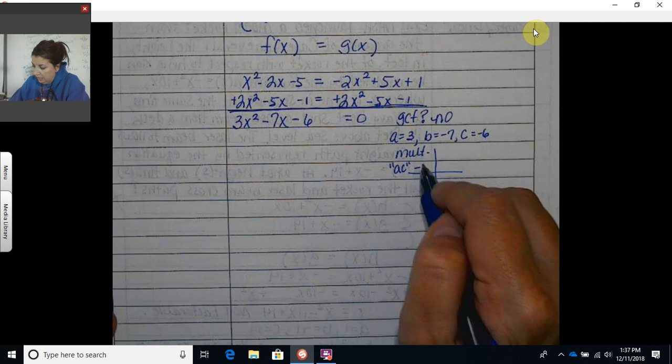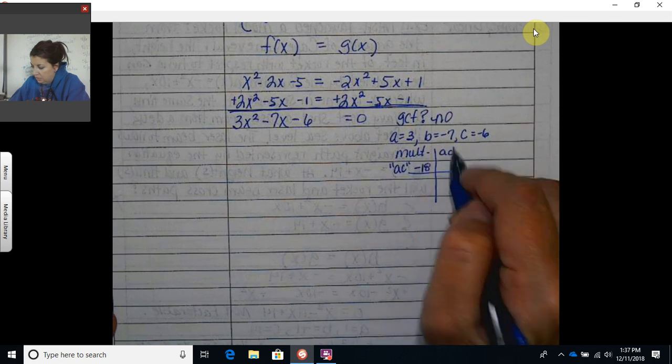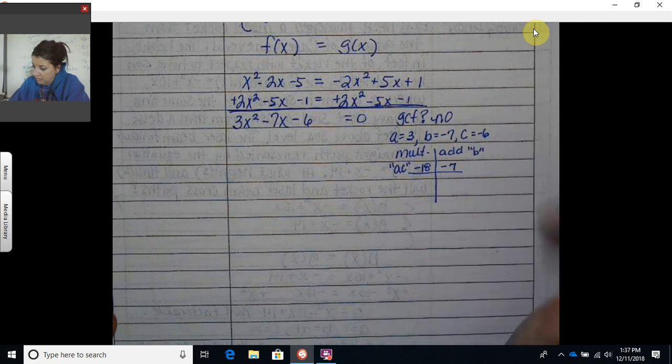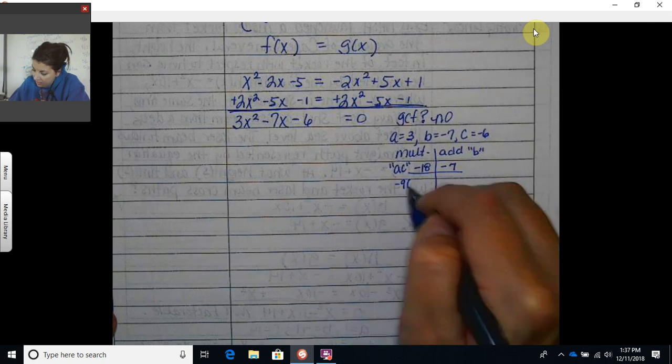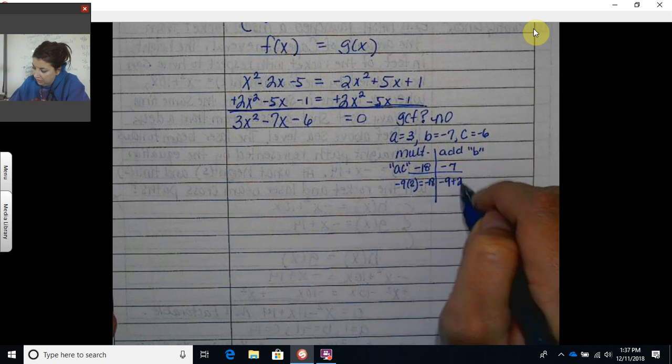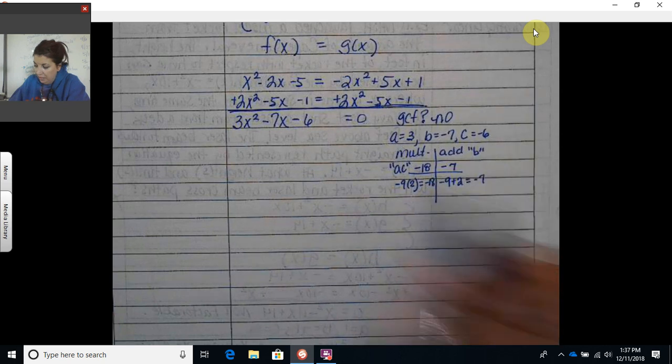And they need to add together to give me B, which is negative 7. Okay, let's give it a whirl. Negative 9 times positive 2 is negative 18. Negative 9 plus 2 is negative 7. Is it factorable? Yep. So we make our two sets of parentheses.